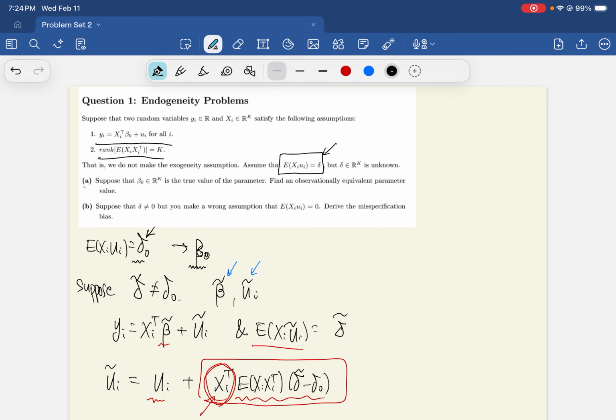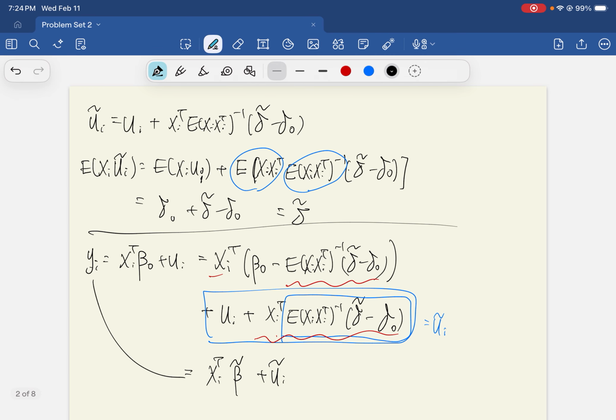Part B, suppose that delta is not 0. So exogeneity fails if delta is not 0, but you make a wrong assumption that the exogeneity is true. So derive the misspecification bias.